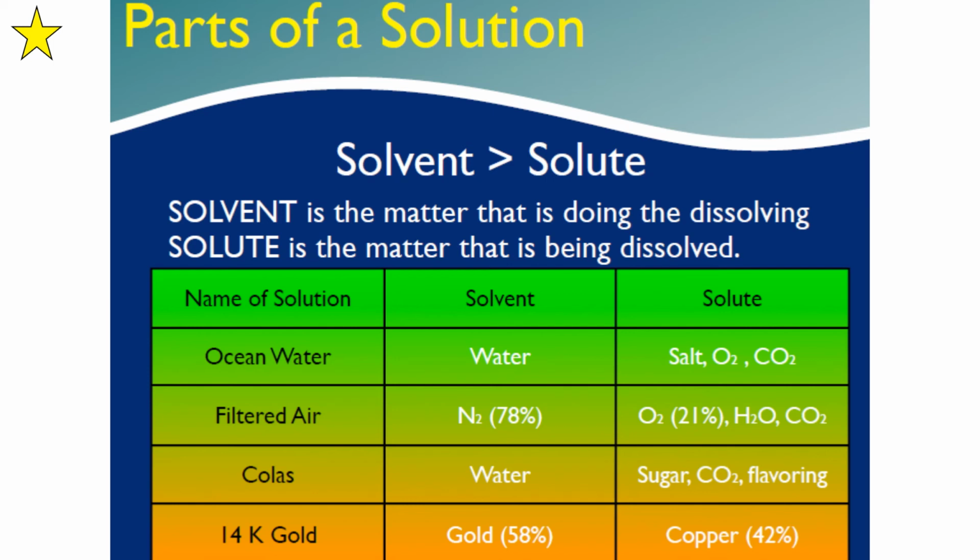In air, the majority is nitrogen, and the smaller amounts, water vapor, carbon dioxide, and oxygen, are the solutes. Soda has sugar, CO2, and flavoring, all solutes dissolved in water. And 14 karat gold is 58% gold and 42% copper, so the higher amount, the solvent, is gold, and the smaller amount is copper.